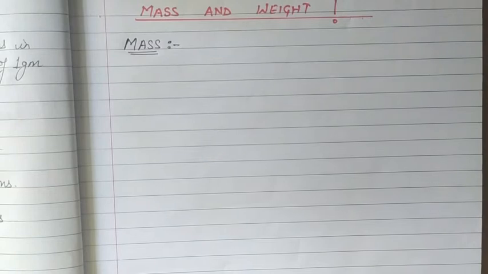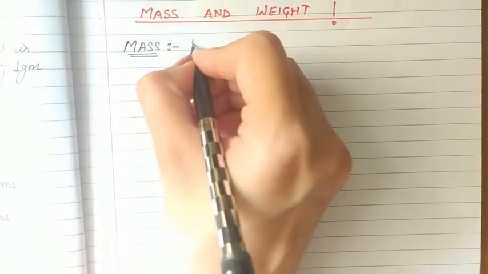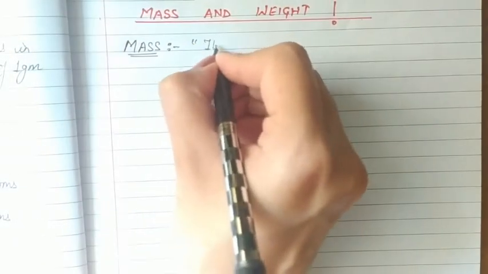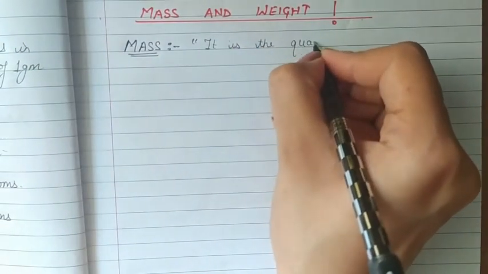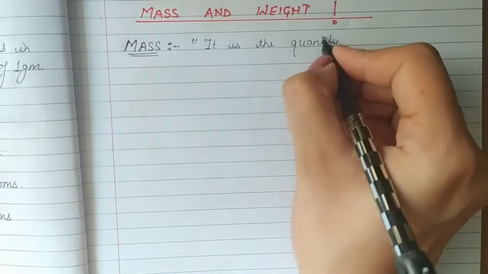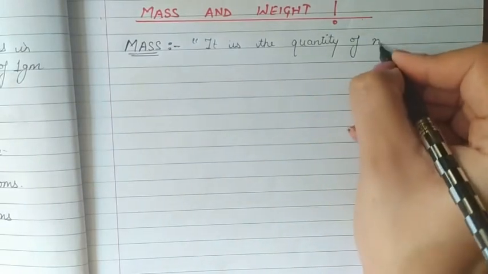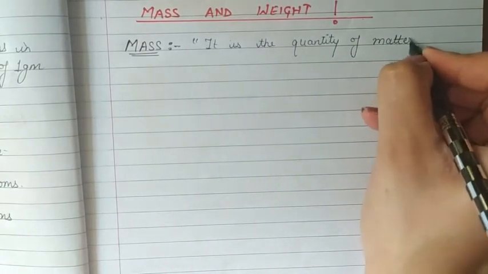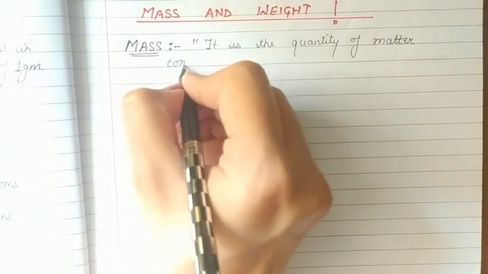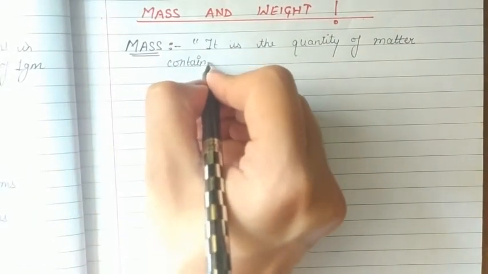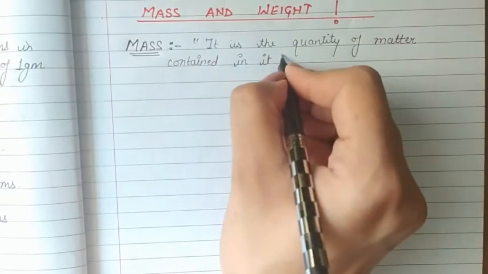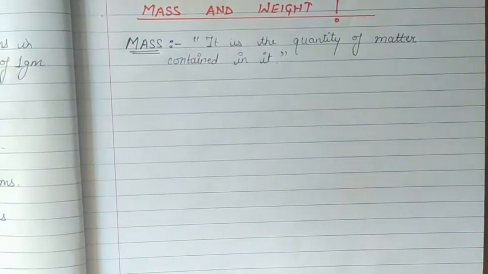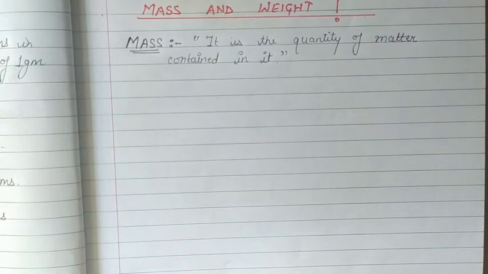So mass of a body can be defined as the quantity of matter contained in it. We can define mass of any body as the quantity of matter contained in it.